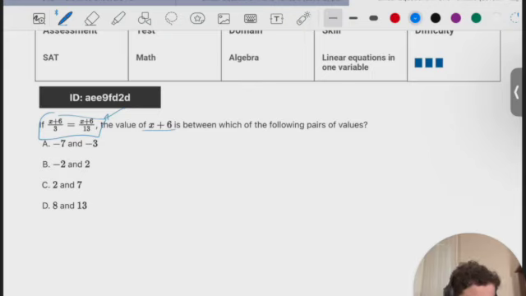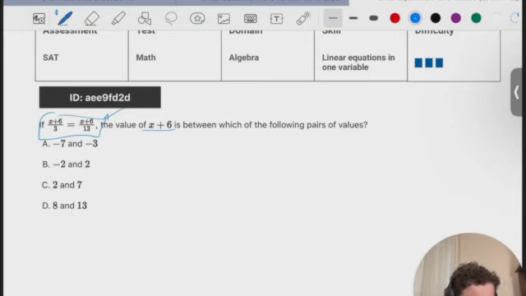Solve, x plus 6 over 3 is equal to x plus 6 over 13.